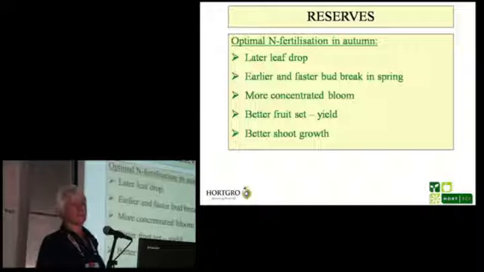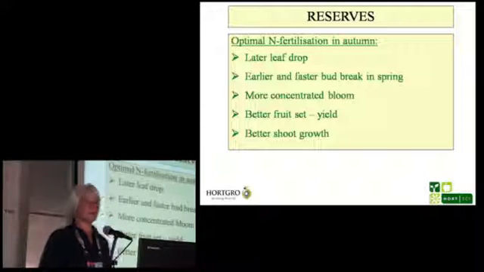This should result in better fruit set and higher yield, and also better shoot growth, because remember, all of that early development in spring takes place on the reserves that the tree had formed up to the point that the last leaf had dropped the previous season. Okay, so a very important phase of the tree's development is the autumn period, where reserve buildup takes place to support the early growth of the tree in spring.